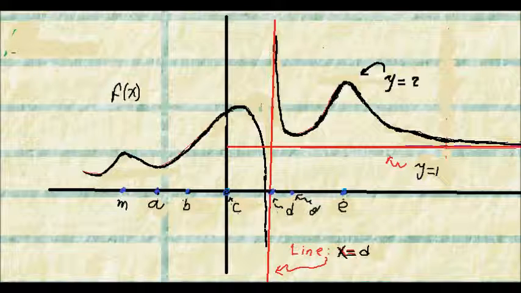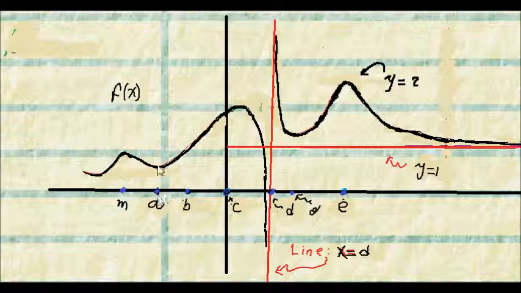So what are the questions that can be asked about this graph? Suppose that you were given this graph and suppose that this point M on the x-axis occurs where the tangent line here is horizontal.